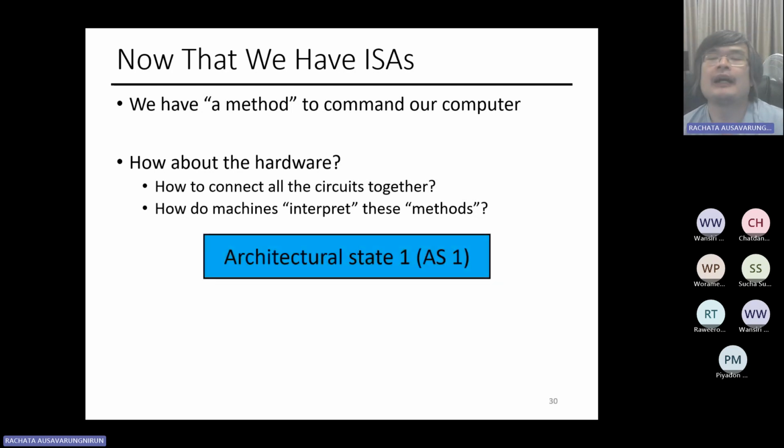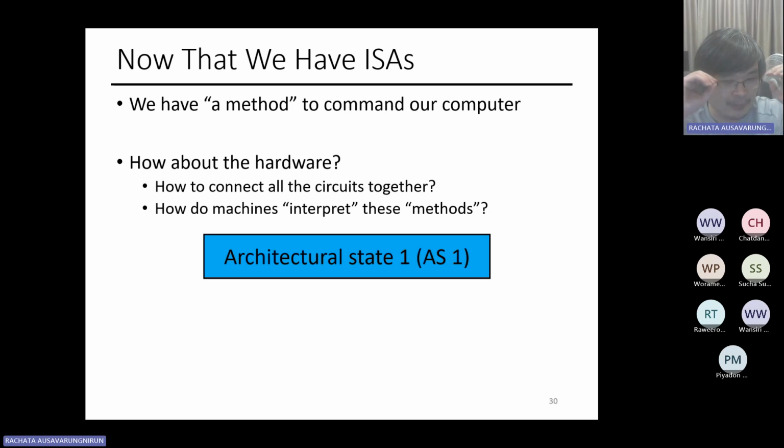All right. So if you think about this again, architectural states are the state of your computer. Basically, when I say the word state, it means the status of something. So the status of your computer as seen by the programmer, let's say you're at architecture state 1.